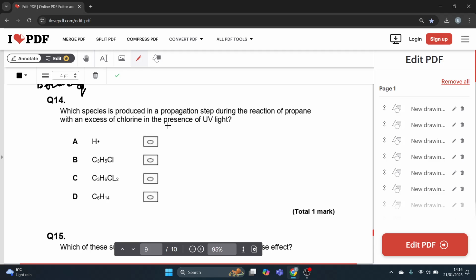And then question 14 says which species is producing the propagation step during the reaction of propane with excess of chlorine. Definitely not a hydrogen free radical.